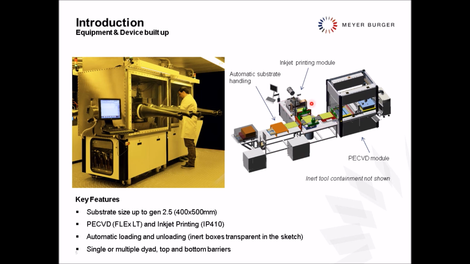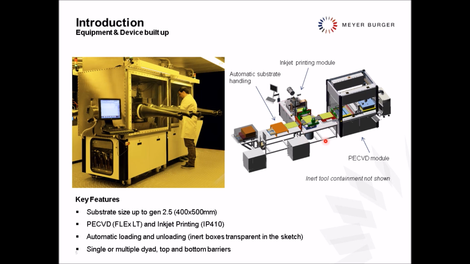Here, for the sake of showing better what is contained, we are not showing the inert tool containment. The substrate can then be transported to an inkjet printing module and a PECVD module by means of a robot. This will help to minimize timing between the printing and the silicon nitride coating. Then, when the sample is ready, it will be returned back to the load lock, and from the load lock it can be interfaced to the outside world or other tools.